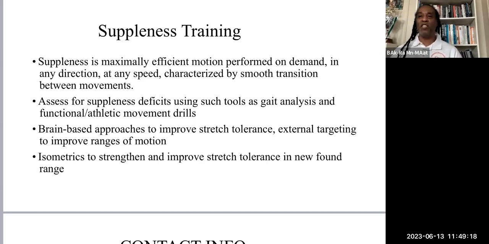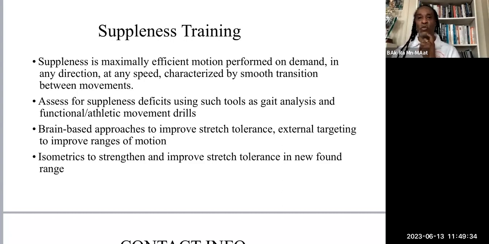And how we could determine where the athlete would need help in those areas is by assessing. And we could use tools such as gait analysis, functional athletic movement drills, and there are other tests that you can use.